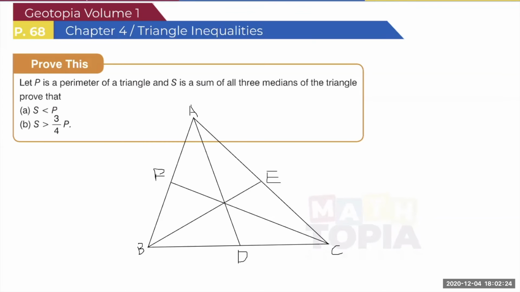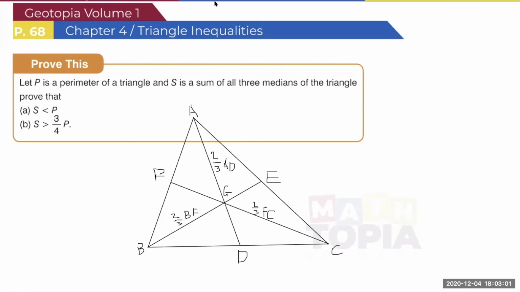Something really important about this part is that this side length right here is 2/3 of AD, because the medians are split at the centroid into a proportion of 2 to 1, which means that this is 2 out of 3 of AD. This is 2/3 of FC, and this is 2/3 of BE.